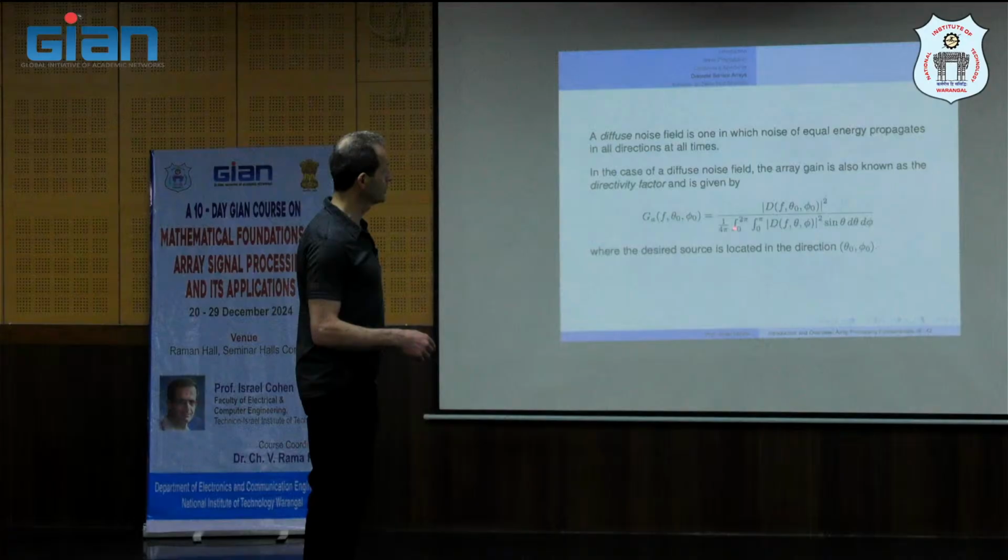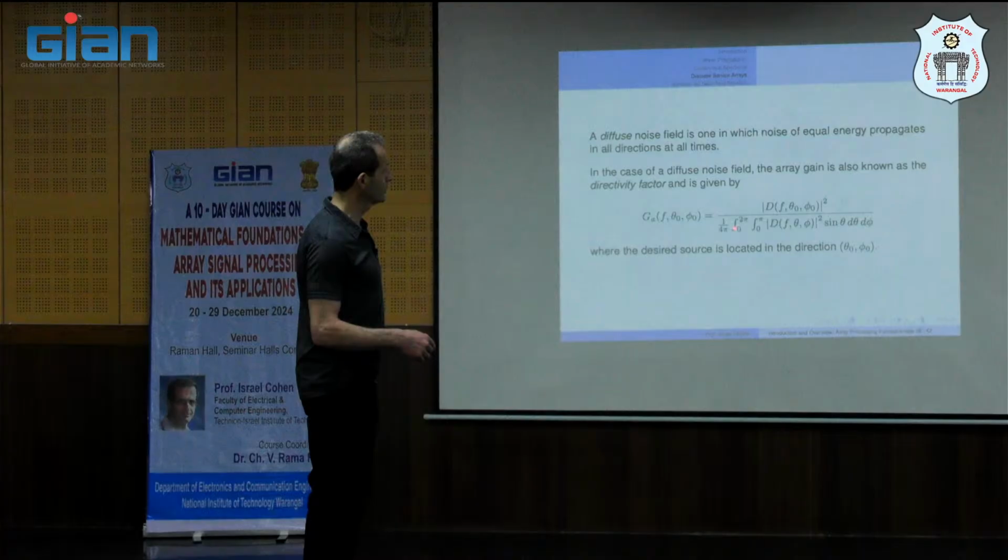Okay, so let's talk about beamforming techniques. Beamforming means that we want to design these weights according to some specifications or desired features. How do we do that? So we will talk about classical beamformer, maximum directivity beamformers, because sometimes we want to design these values such that the directivity factor will be maximum.